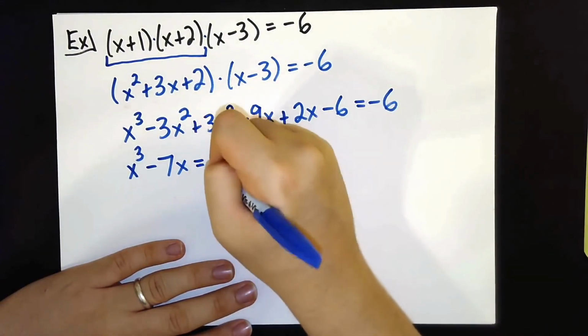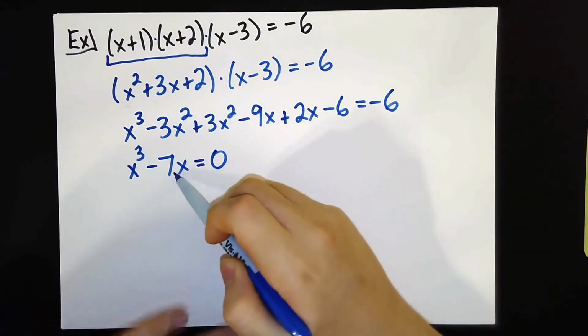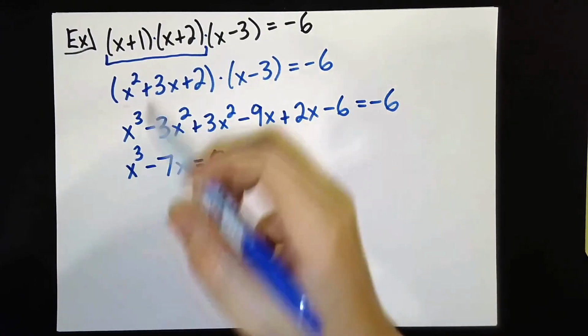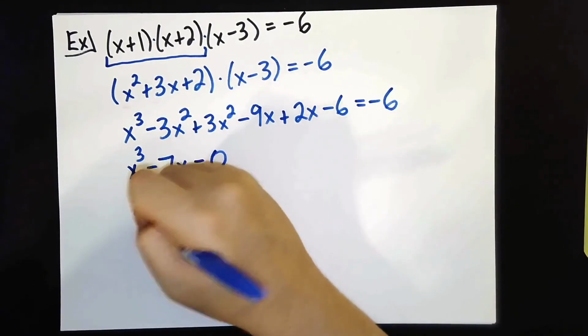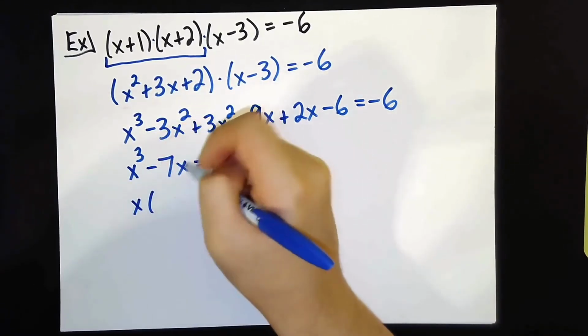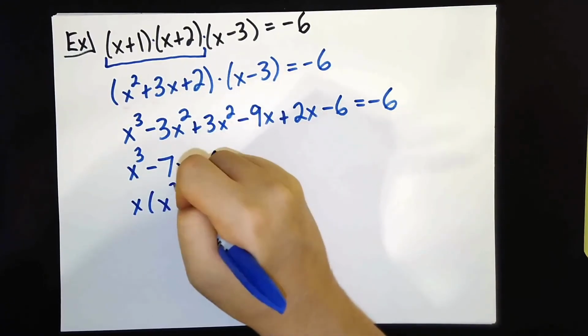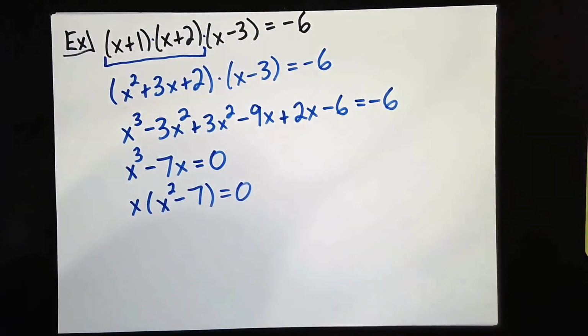So I'll just get equals 0. So I have x cubed minus 7x equals 0. Just as in the last example, I want to factor out an x because there is no constant term, so I can factor an x out of everything. So I'll get x times x squared minus 7 equals 0.